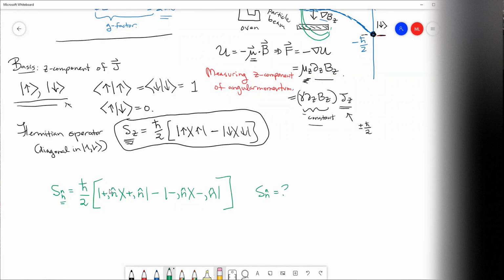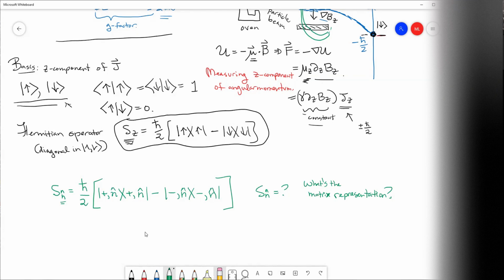We want to know the matrix form, the matrix representation in terms of, say, the z-axis basis. So that's our task.